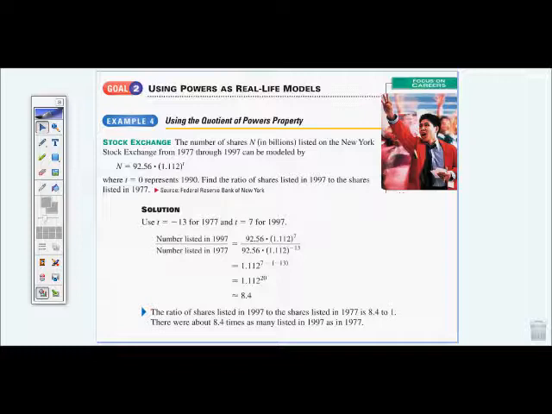Now, using our new property in real life models, we can go ahead and look at the stock exchange.